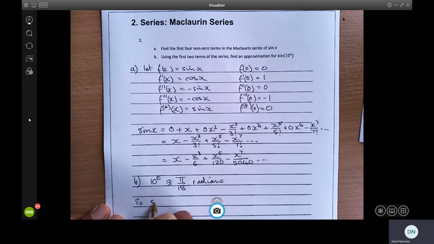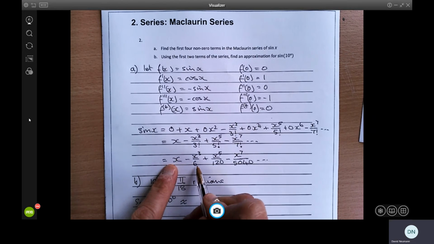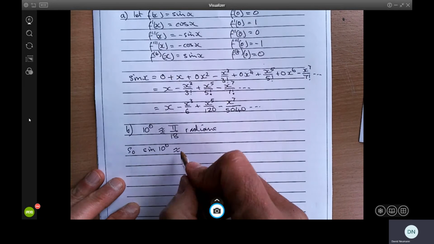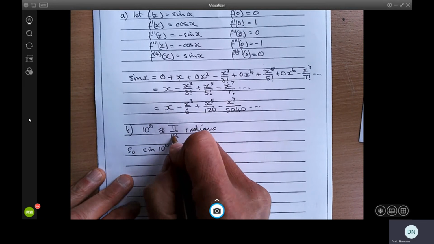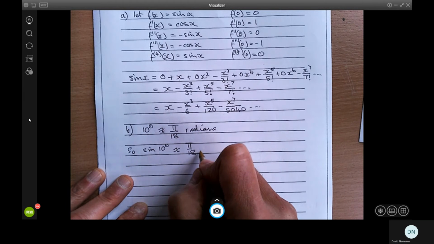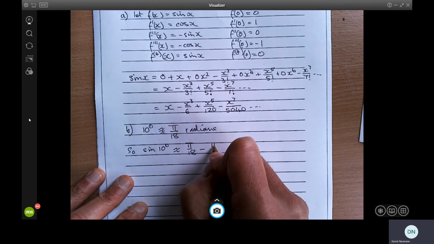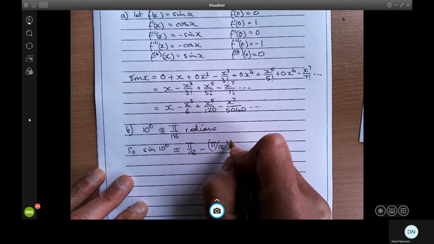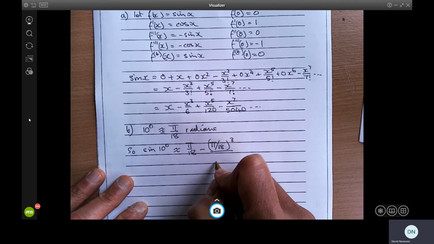So sine of 10 degrees is approximately equal to, well, we're going to use the first two terms here, as the question says to use the first two terms. So we want x, so in radians, pi over 18 minus (pi over 18) cubed over 6.